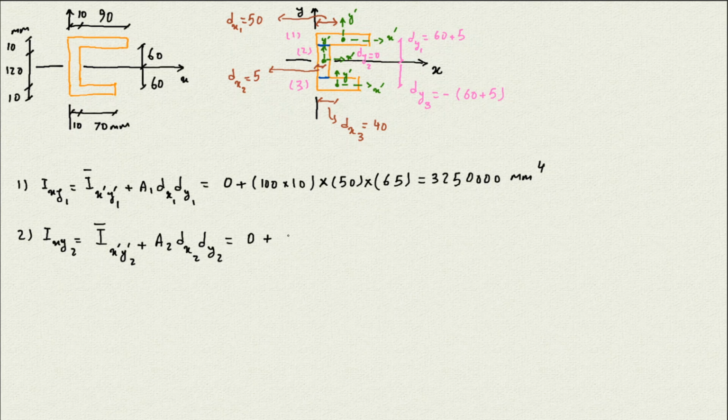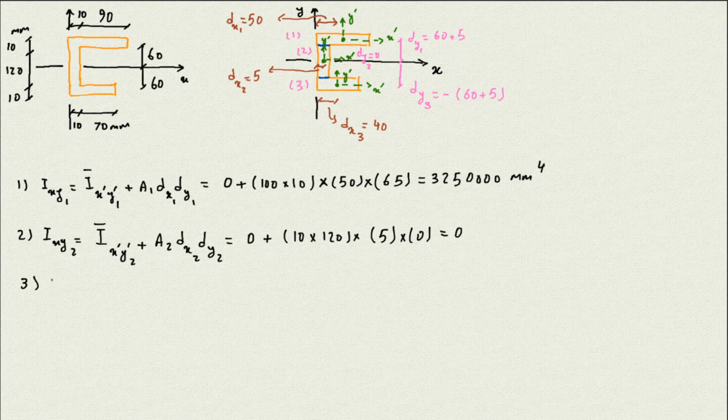The area is 10 times 120, with the height being 120. The dx is 5, and then the dy: for this one, the distance between the x prime and x is 0, so it becomes 0.